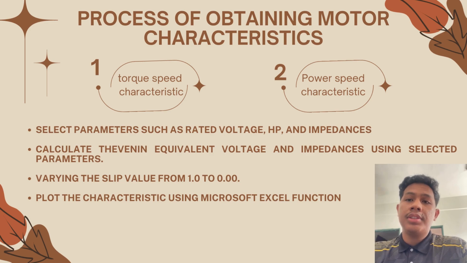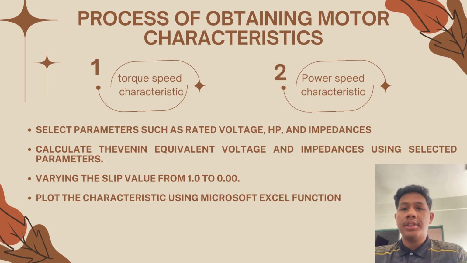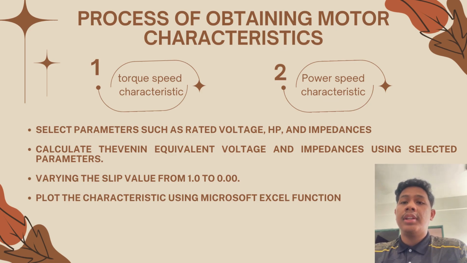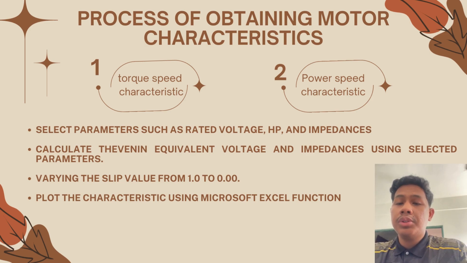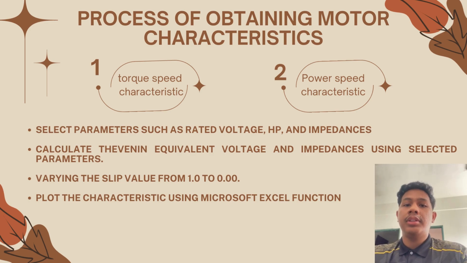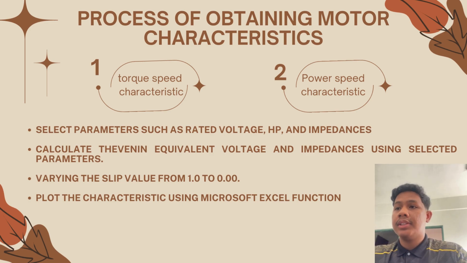For this project, there is a process of obtaining motor characteristics, of which there are two: the torque-speed characteristic and also the power-speed characteristic. In order to obtain these two characteristics, there are procedures that need to be done. The first thing is to select the parameters such as rated voltage, rated horsepower, and also the impedance.